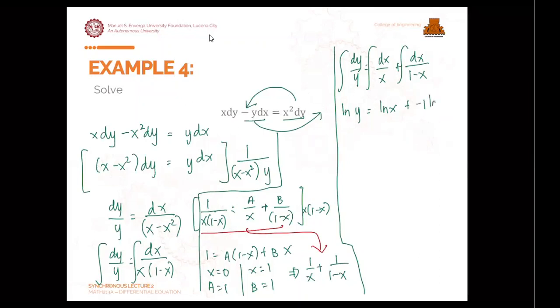Then ln 1 minus x plus ln c. Okay? And simplify natin. So we have ln y is equals to ln x minus ln 1 minus x plus ln c.